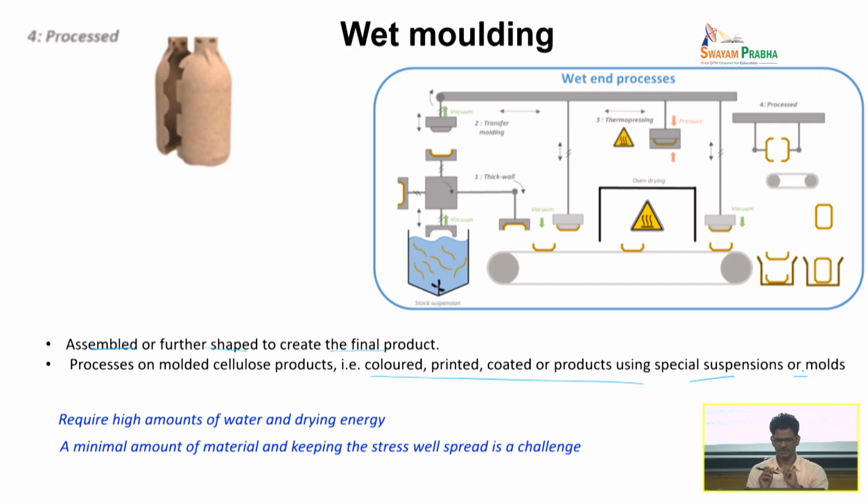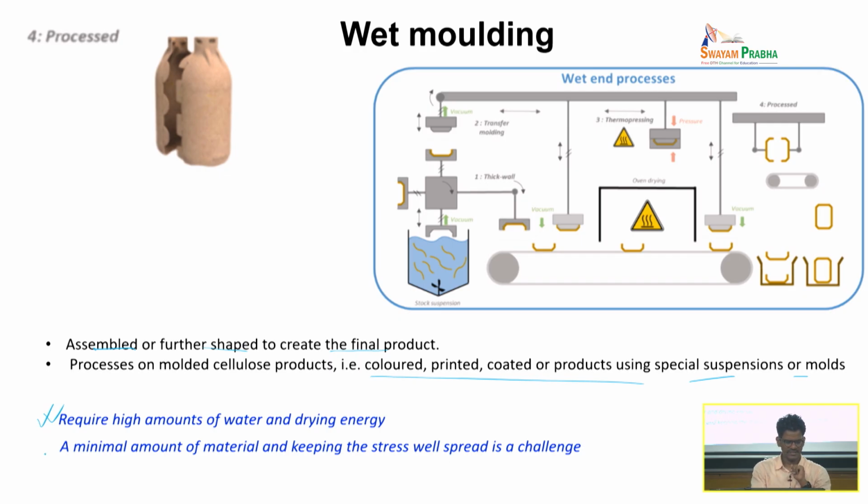So these are the typical wet molding processes out there in the industry right now. As I said before, wet molding requires a very large amount of water as well as a high amount of energy to dry the water, and water has high latent heat, so it takes more energy to evaporate.